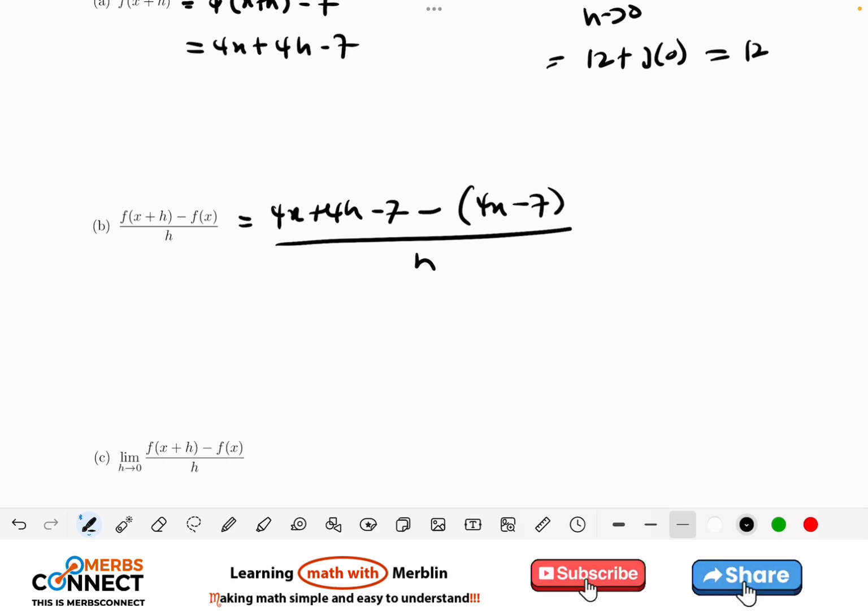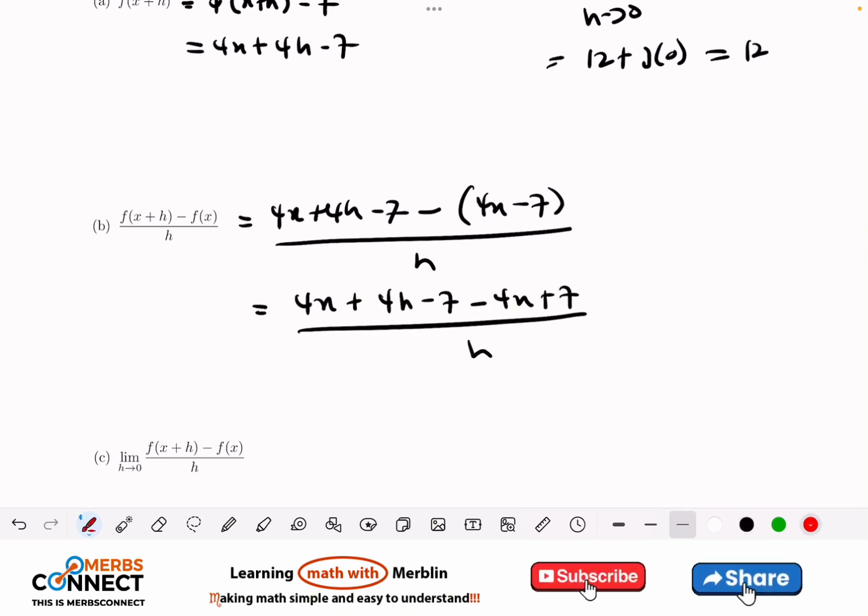Good. So what will be the result? This one will be 4x plus 4h minus 7. Then I'll multiply the minus: minus 4x plus 7, divided by h. 4x cancels 4x, 7 cancels 7. And this is going to be 4h divided by h, and this is going to be 4.